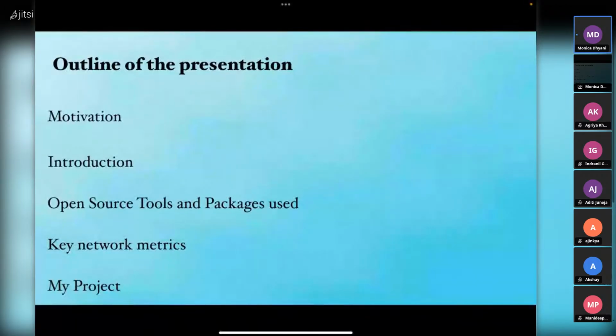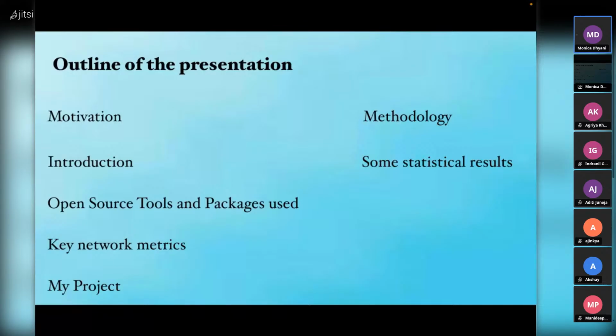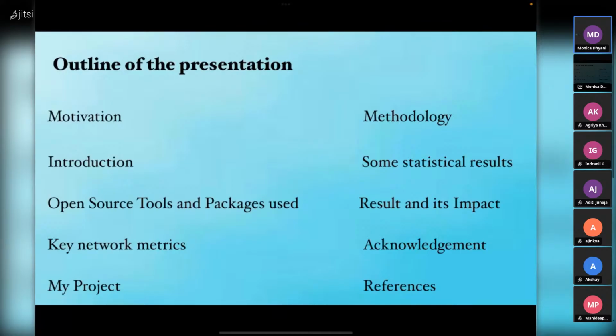Then I will explain in detail what my work is all about, followed by the methodology adopted. Then I will present some statistical results, then the results and the impact of the results that I have obtained, acknowledgement, and then I will wrap up with the references used in my work.